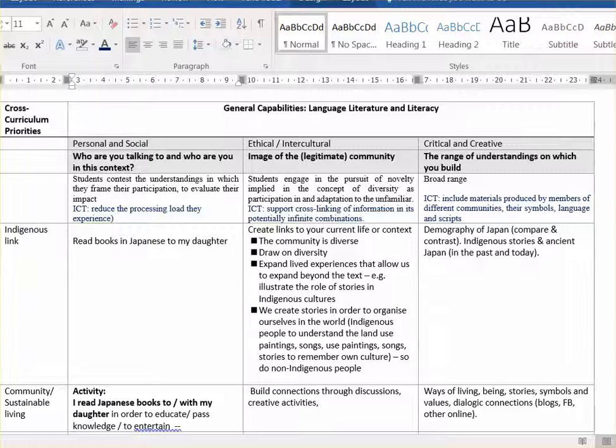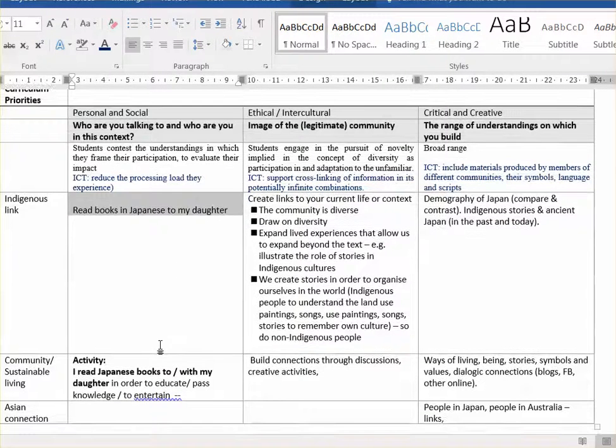I was thinking you should consider here the range of resources, the image of community that these resources are portraying, and also the links you create with different communities.